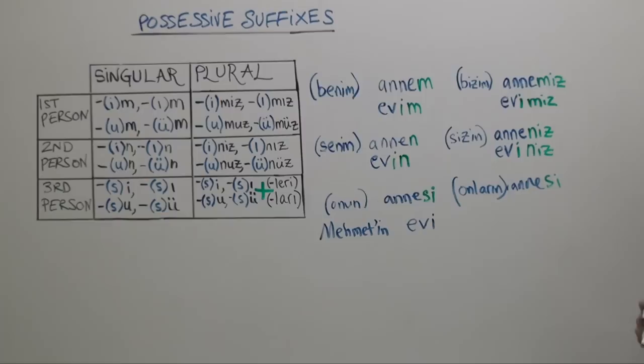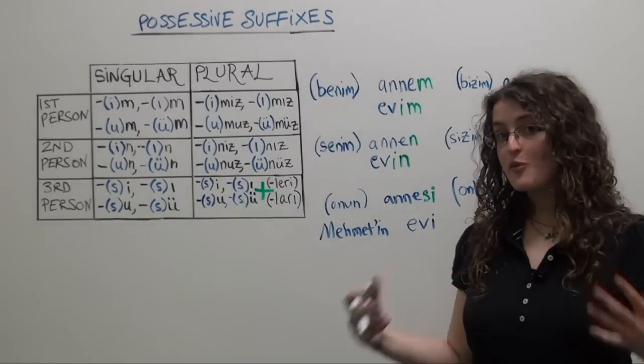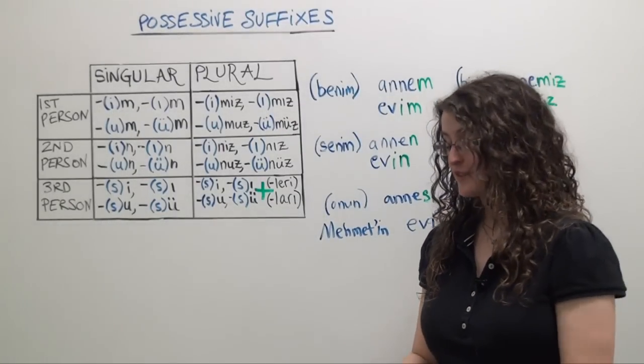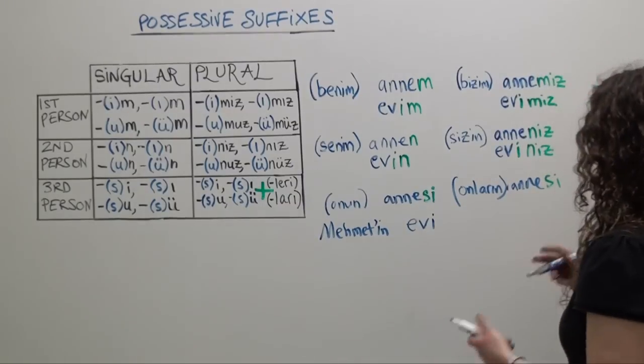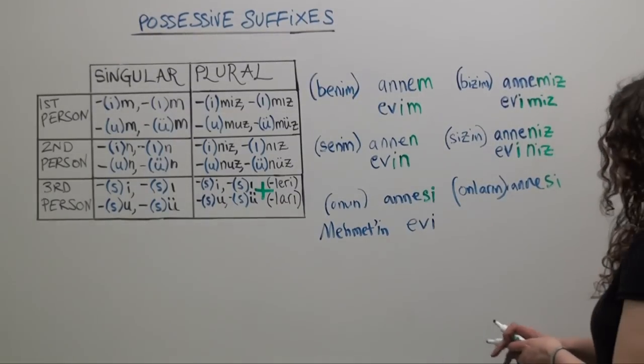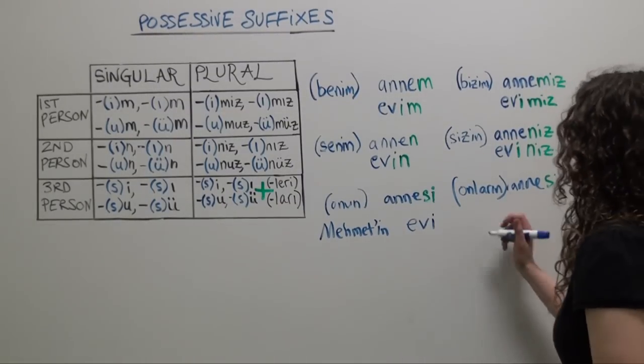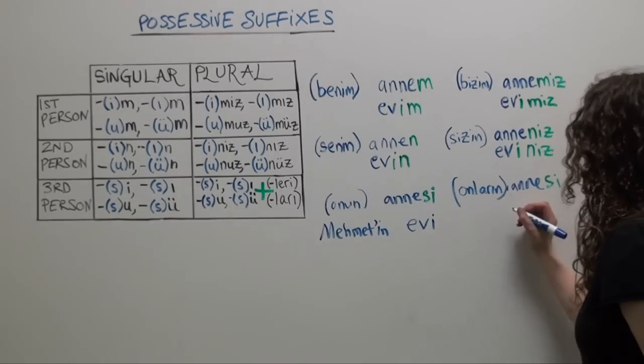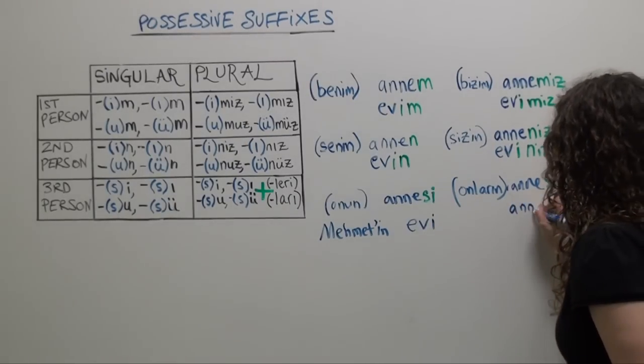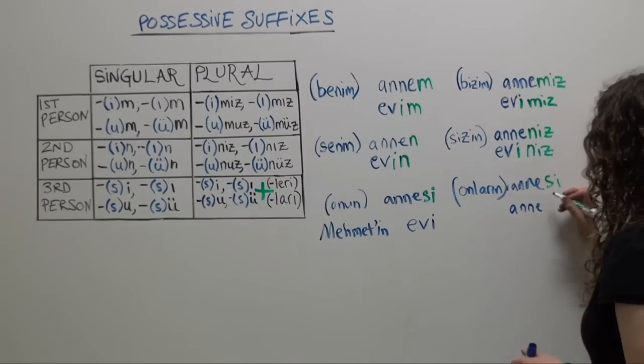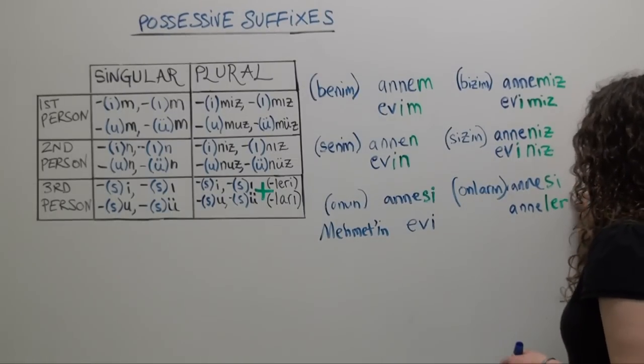Or if you want to emphasize that this is the mother of more than one person, the plurality of the they whose mother it is, you can say onların anneleri.